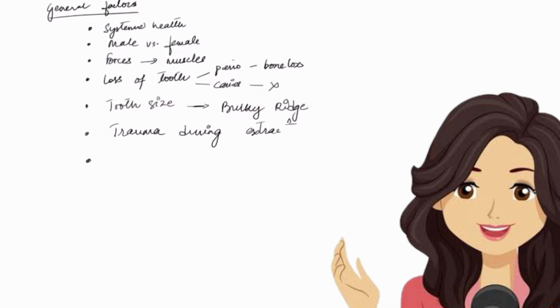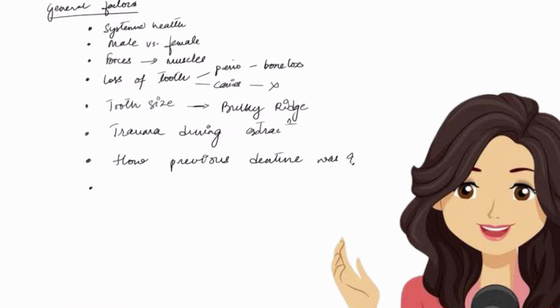Not all cases are fresh extraction. Some are previous denture wearers also. So how the previous denture was constructed, what was the occlusion of that denture, all that will determine your residual alveolar ridge's present condition.